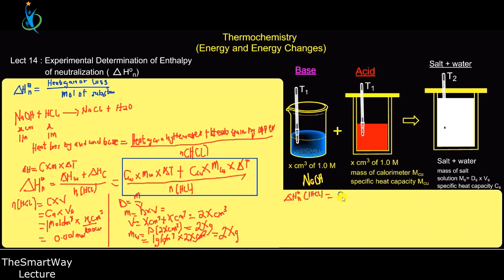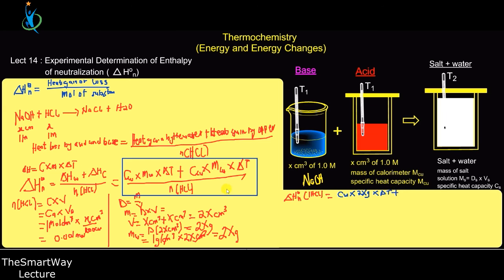We are going to get C W times the mass of water. Now we know the mass of water to be 2x grams, and then times the change in temperature.